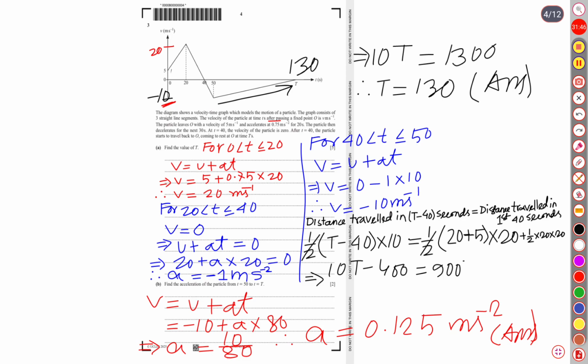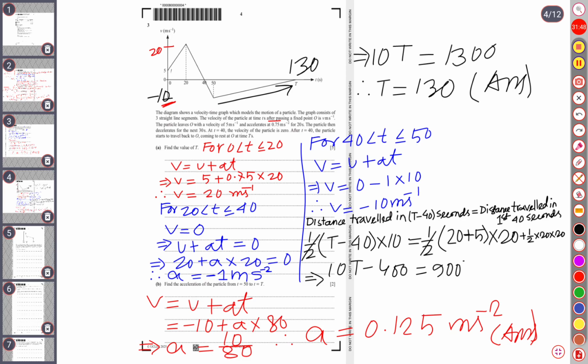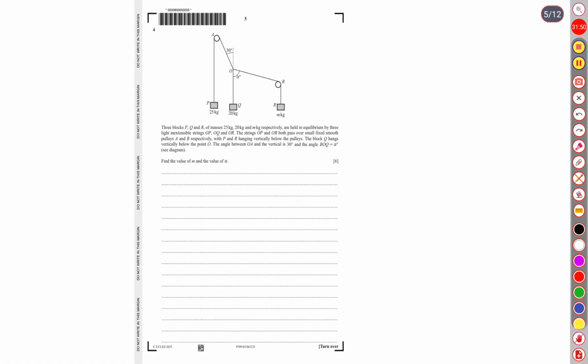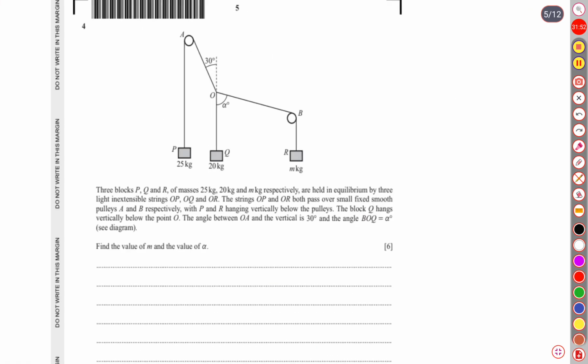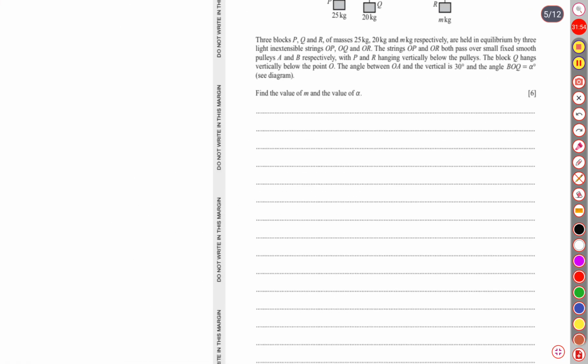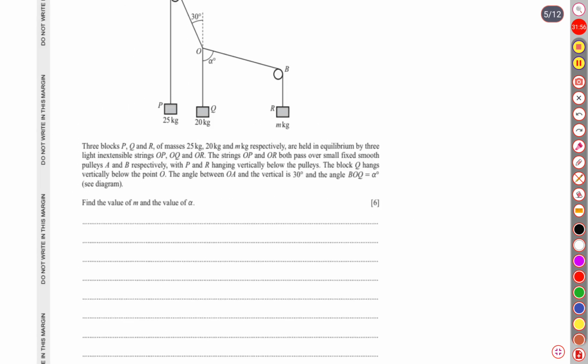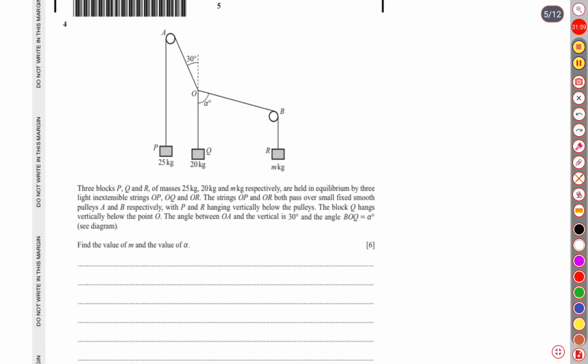The next question is question number 4. Let's start reading question number 4, which says that 3 blocks P, Q, and R of masses 25 kg, 20 kg, and m kg respectively are held in equilibrium by 3 light inextensible strings OP, OQ, and OR.